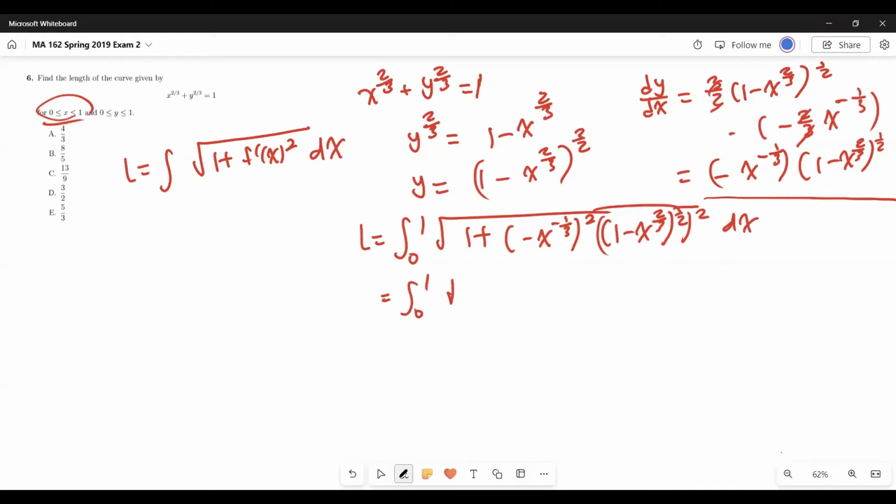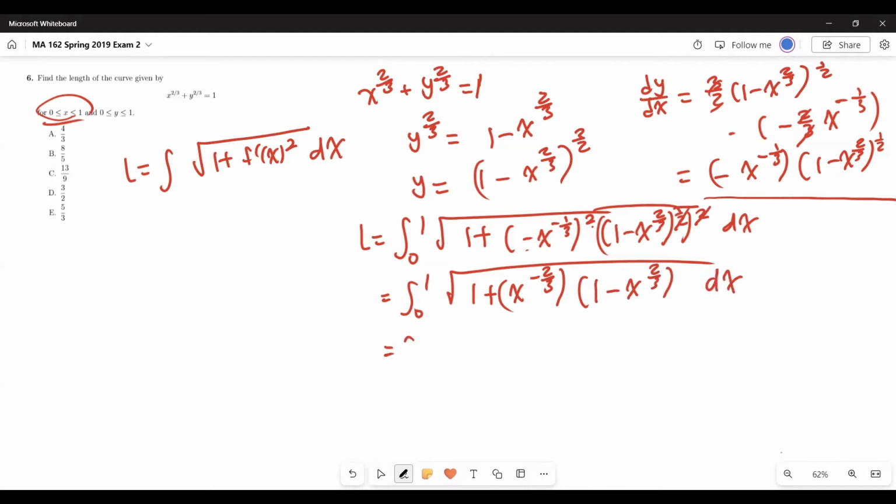From 0 to 1, the square root of 1 plus, the negative sign will be cancelled out since it's getting squared, so it's x to the negative 2/3, and the 1/2 power will be cancelled out with the 2, so it's going to be times (1 minus x to the 2/3) dx.